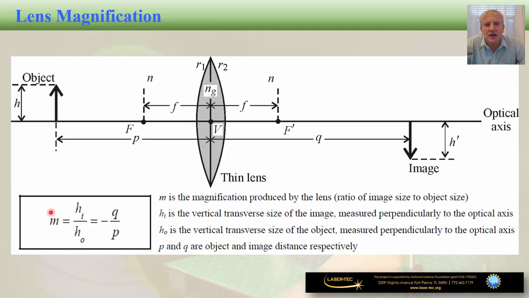In other words, if m, the magnification, is less than 1, that would indicate that the image is smaller in size than the original. And finally, if the magnification is positive, we are dealing with a real image that's appearing on the right relative to the lens. If m is negative, the image is appearing on the left relative to the lens and it's considered virtual.